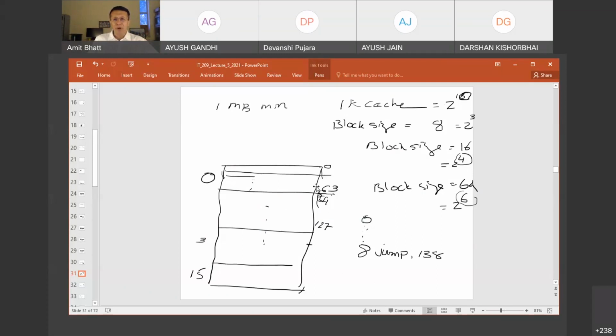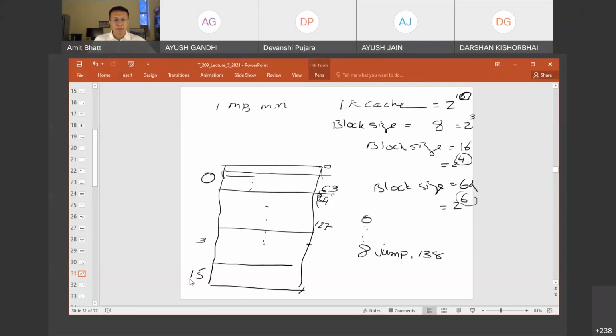But if you go beyond a certain number of words, then what happens is that you use only a few words in a block, and then the rest of the words are useless because you are jumping somewhere else. And because the block size is very large, it will not allow too many blocks to reside in your cache at the same time.